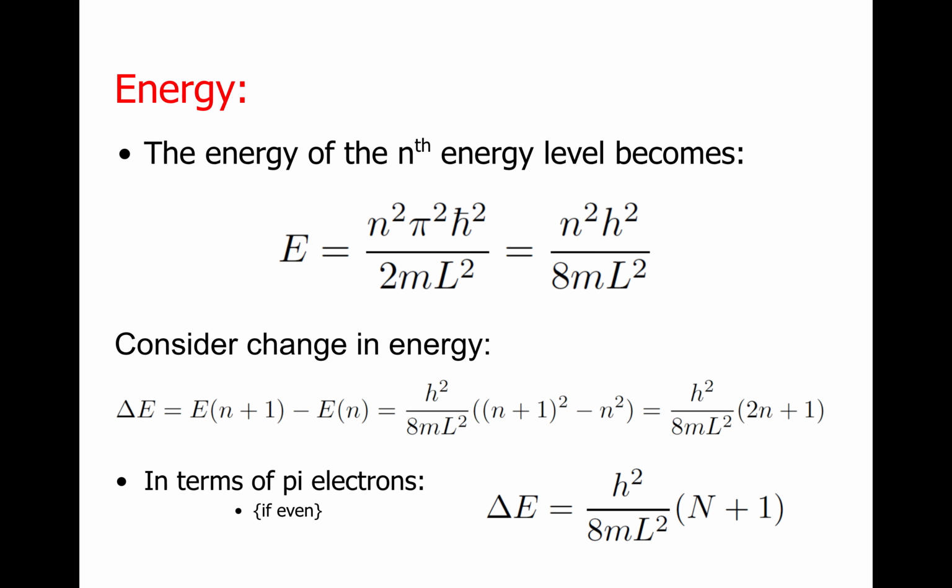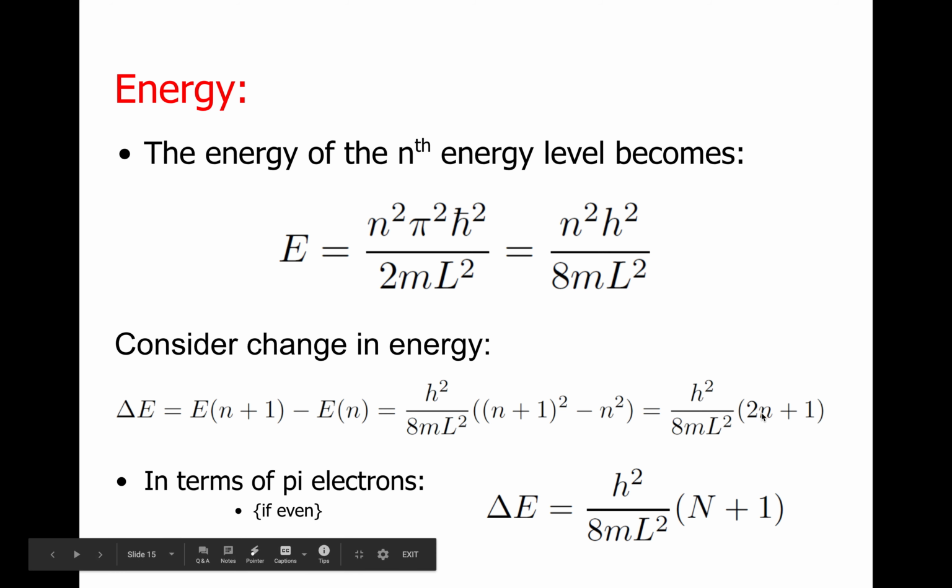Let's say everything's filled, including the 5th energy level, okay? So that would be 10 pi electrons, okay? In terms of n, if I have 2n energy levels, then I have n pi electrons. Example, if n is 5, then I have 2 times 5, that's 10 pi electrons, okay?